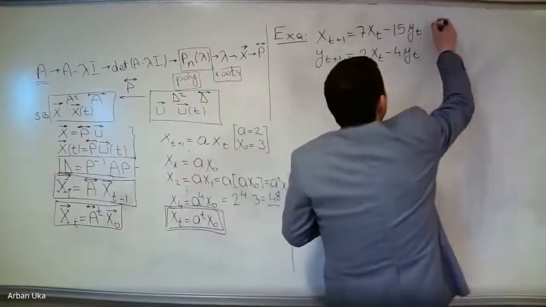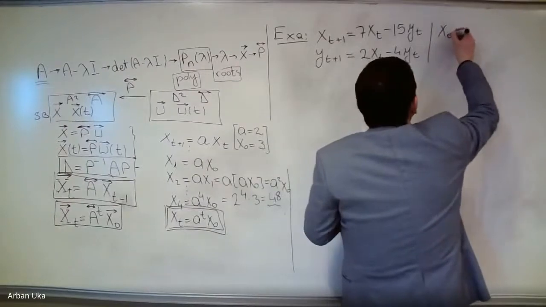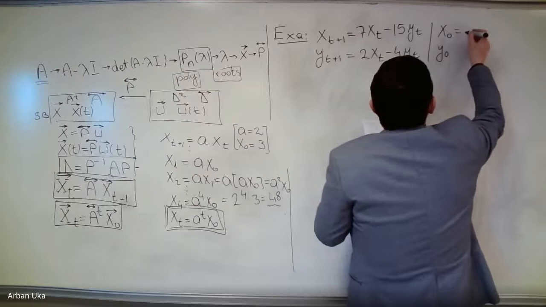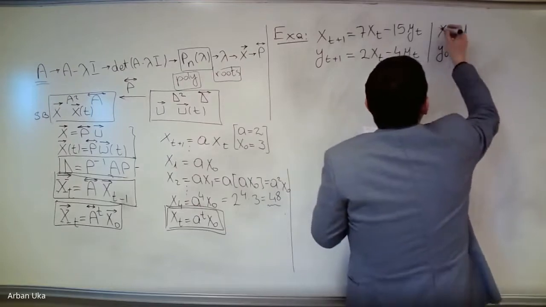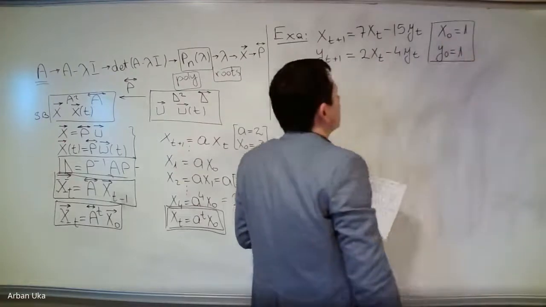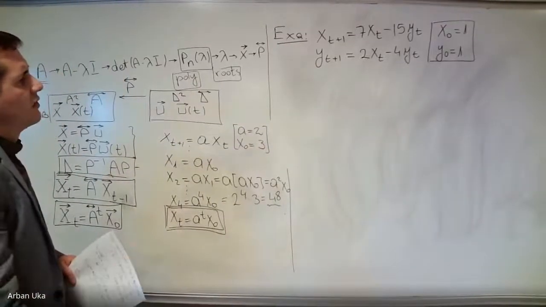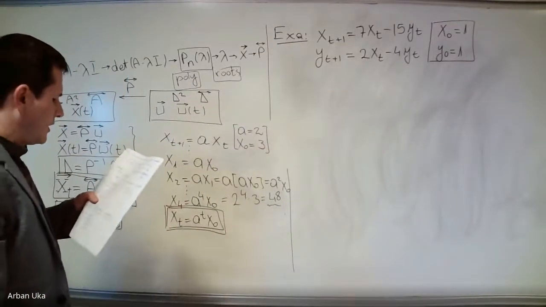And let's assume that initially, at the initial stage, somewhere in a market around the world, we are given x0 is 1 and y0 is equal to 1.